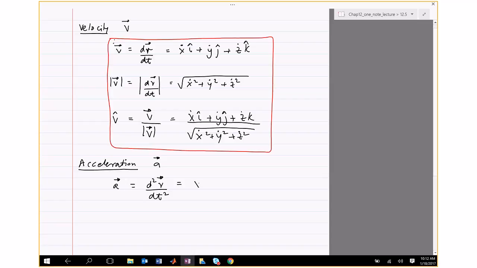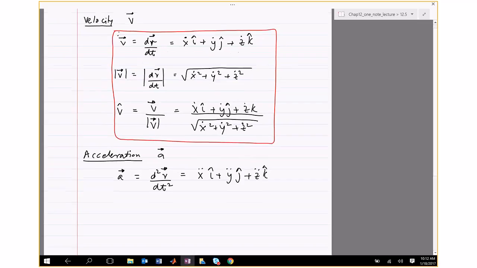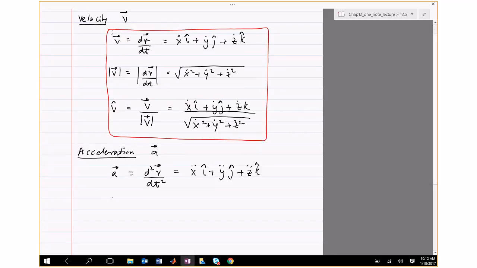So that's x double dot i plus y double dot j plus z double dot k. The magnitude is d square r dt square, the square root of x double dot square plus y double dot square plus z double dot square.